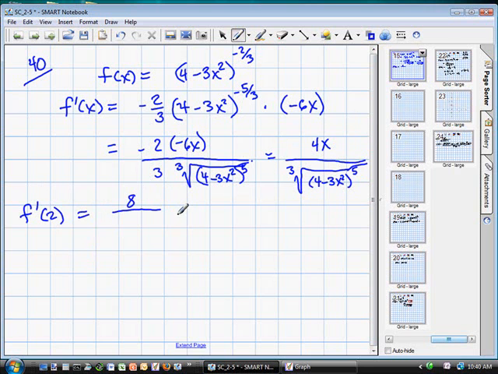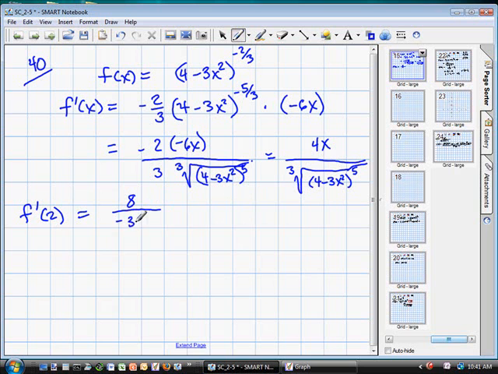Oh, wouldn't you have an 8 on the top? What would you have on the bottom? Well, let's hammer it out. What's 2 squared? 4. 4 times 3 is 12. What's 4 minus 12? Negative 8. What's the cube root of negative 8? Negative 2. And what's negative 2 to the 5th power? Negative 32.